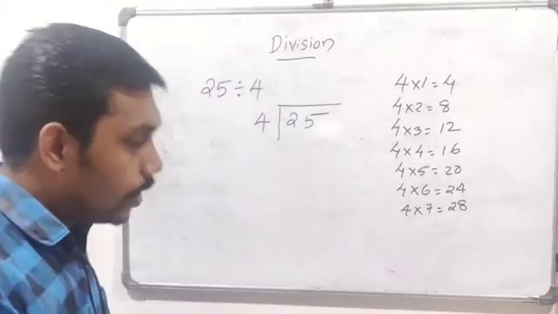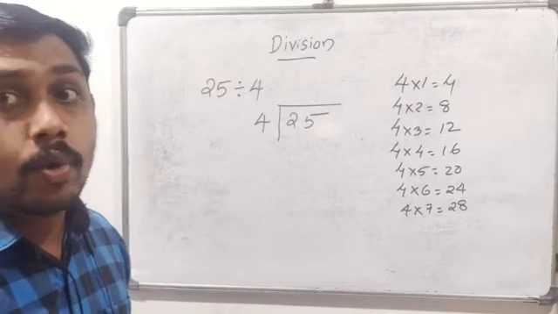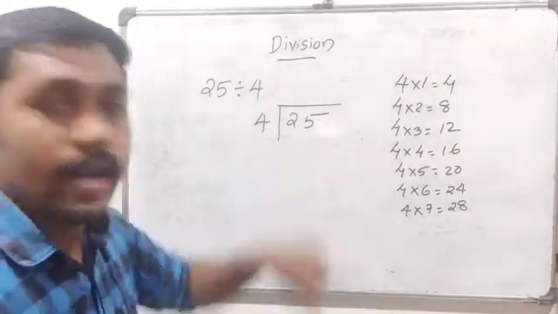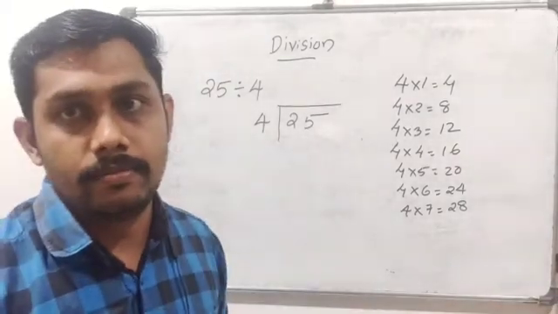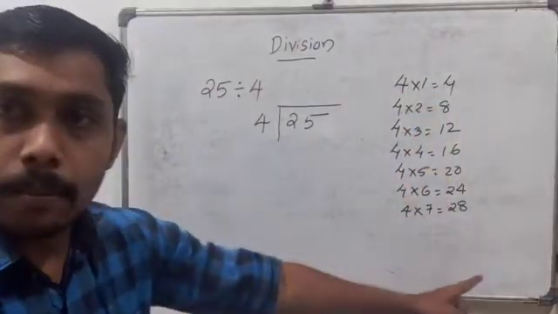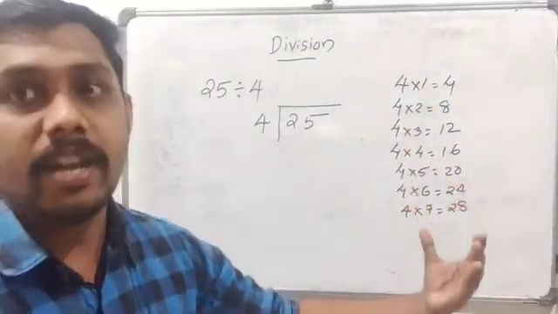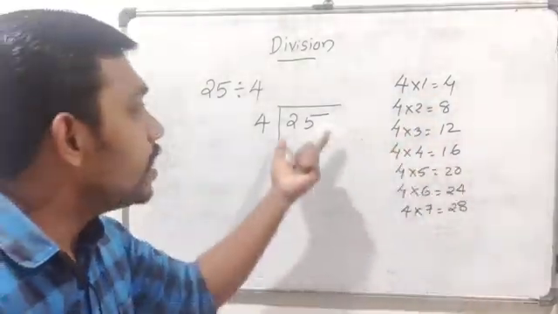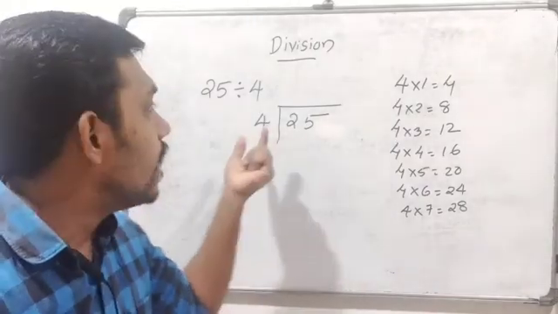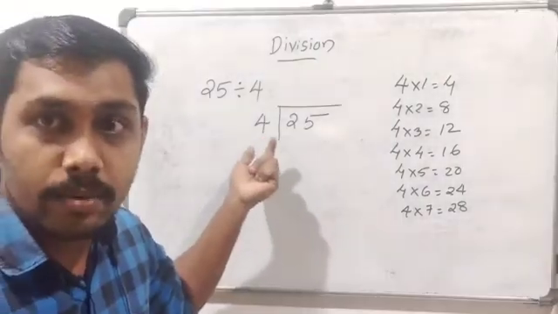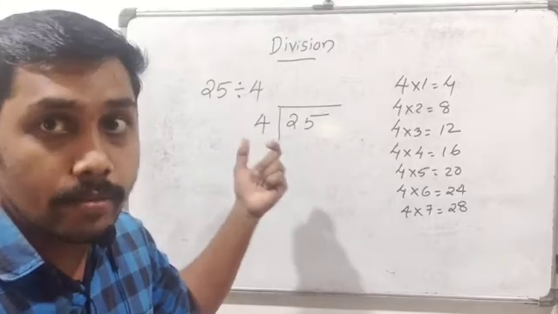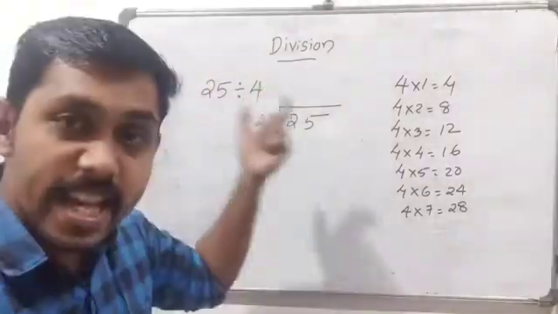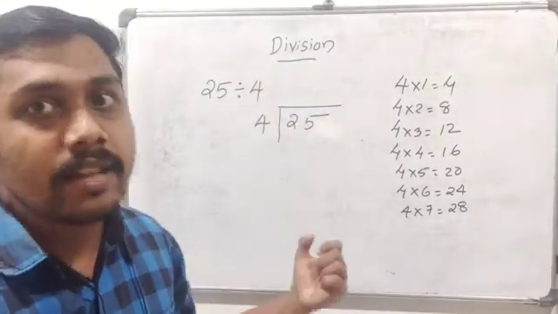We need the multiple which is less than or equal to the dividend. Here the dividend is 25 and the divisor is 4.